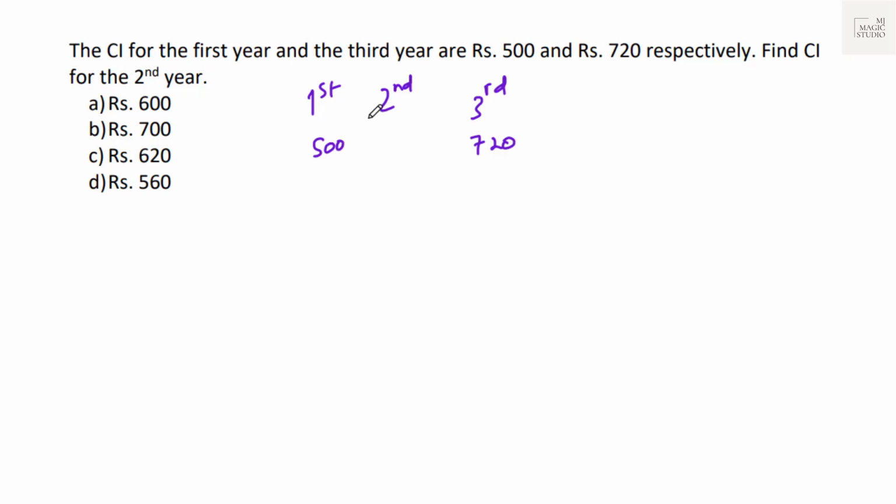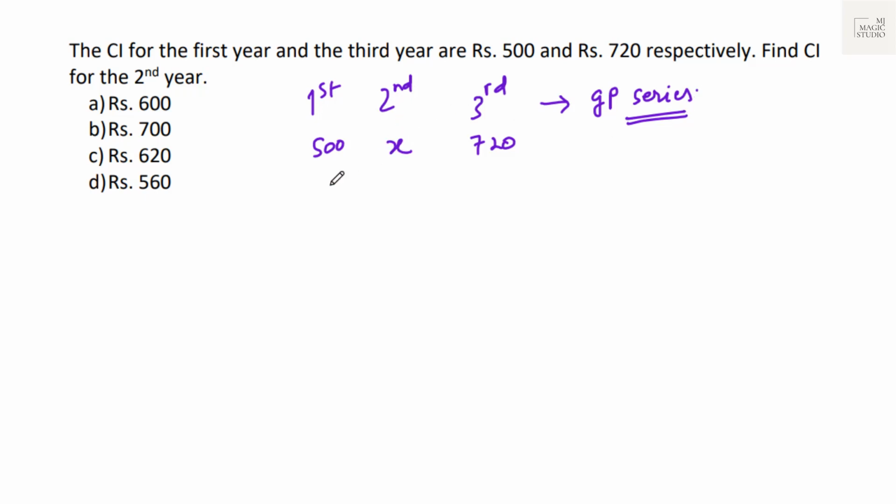Then the series of CI is always a GP series. The series of CIs, CI1, CI2, CI3, CI4, will form a GP series.